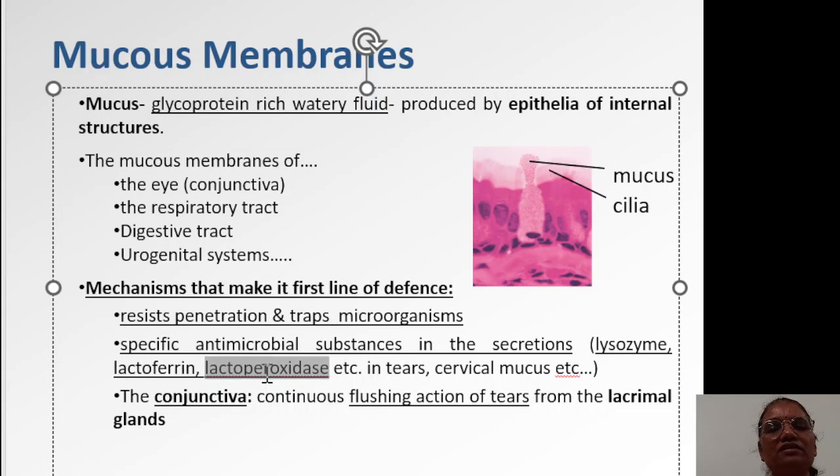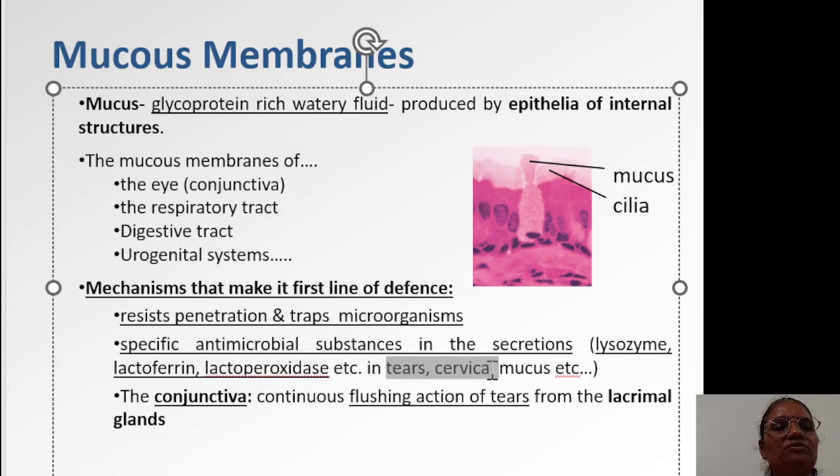Lactoperoxidase is another type of enzyme which produces superoxide radicals by its action, and these superoxide radicals are highly inhibitory for microbial growth. So in this way, the content present in mucus greatly hampers microbial sustenance as well as growth.